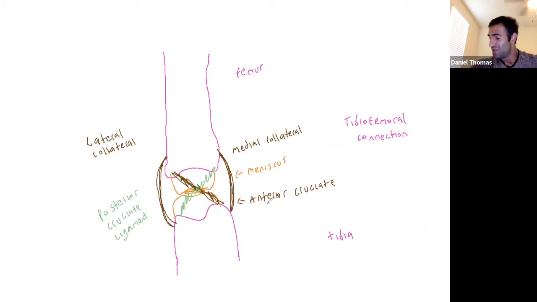All right, so anyways, there is more stuff on here. Actually, there is a patella, and the tibiofemoral connection is not the only connection. There's also something called the femoral patellar connection. And there's a floating bone. This bone is important for one of the main quadriceps ligaments to attach to.